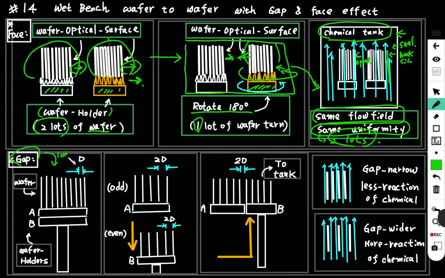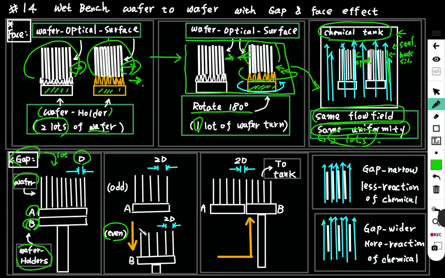A lot of wafer. This is the wafer. Put on the wafer holders, holder A and holder B, and the distance between wafer and wafer, this distance is D. Then wafer holder B carried the even number of the wafer down.